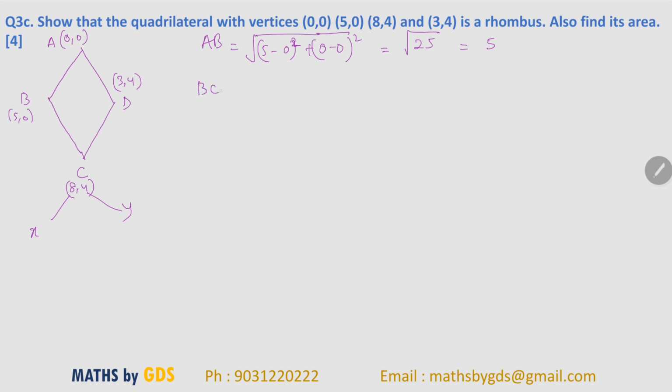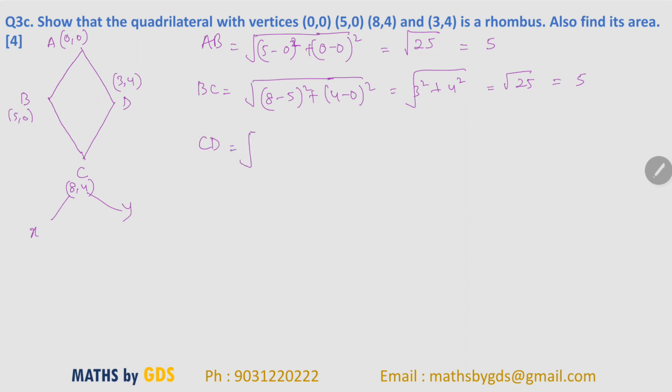Now we'll check for BC. BC is under root of (8 minus 5) squared plus (4 minus 0) squared, which is 3 squared plus 4 squared, which is again under root of 25, which is 5. Ultimately BC is also 5.